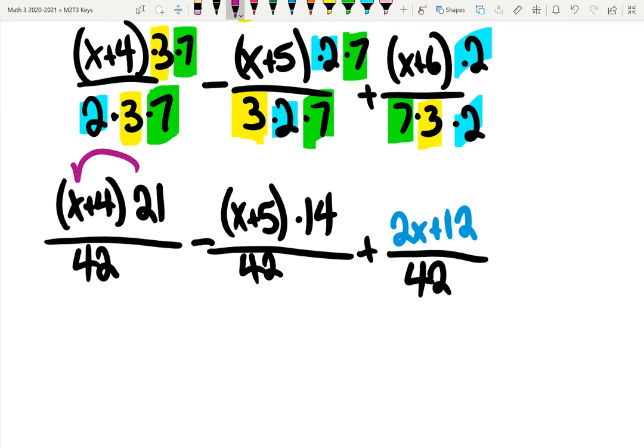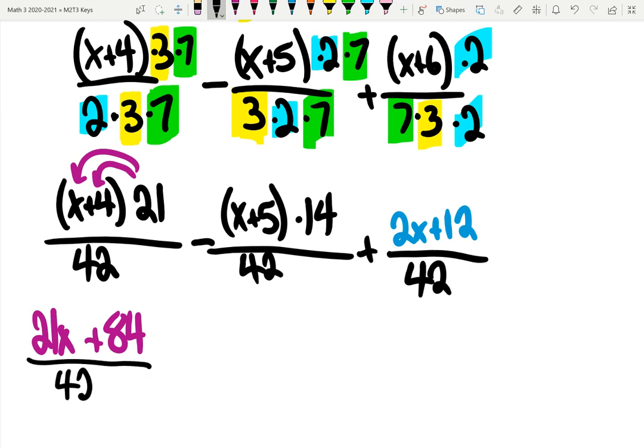I'm going to have to distribute this 21 to both parts. This is going to lead to 21x. When I'm doing 21 times 4, I'm going to ask myself, 20 times 4 is 80, 1 times 4 is 4. That's how I do it in my head to get 84 over 42 minus, likewise, I'm going to go ahead and do 14 times x, 14 times 5.